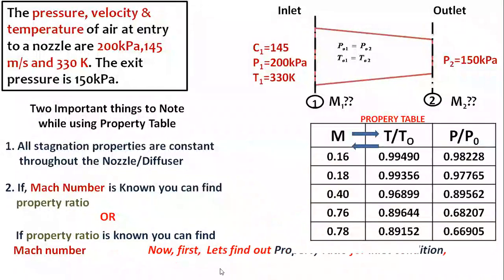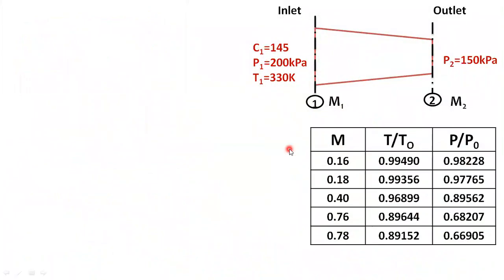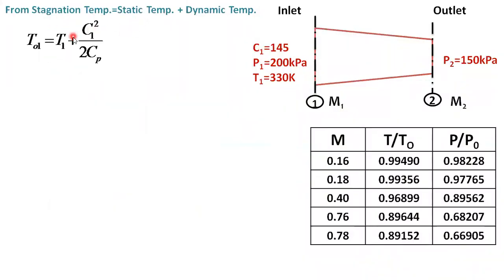So now first let's find the property ratio for the inlet condition, because we have three properties which are known at the inlet section. Probably we can go for the temperature, because we know the velocity also, so we can easily find the stagnation temperature. For the stagnation temperature, the equation is static plus dynamic terms. The static temperature is given. The dynamic head is c square by 2cp, and the velocity is also given.